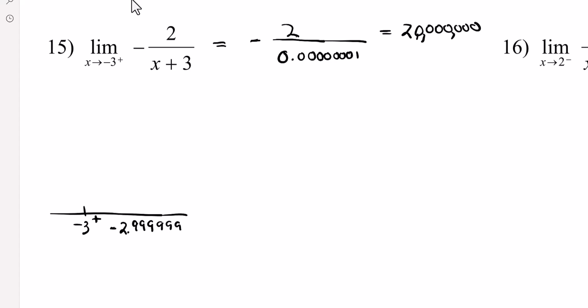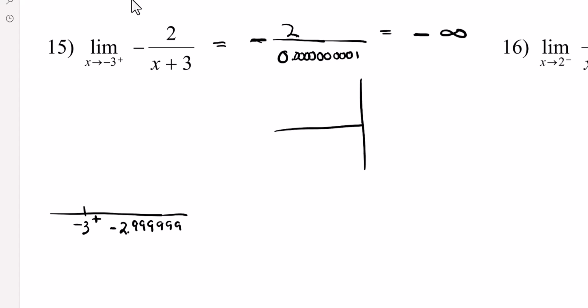Well, if we're closer to 0, well, now it's 200 million. Even closer, that's 2 billion. The point being, the closer you get to 0, the closer you're going to get to either positive or negative infinity. In this case, since this is negative 2 divided by a positive number, you're headed towards negative infinity.